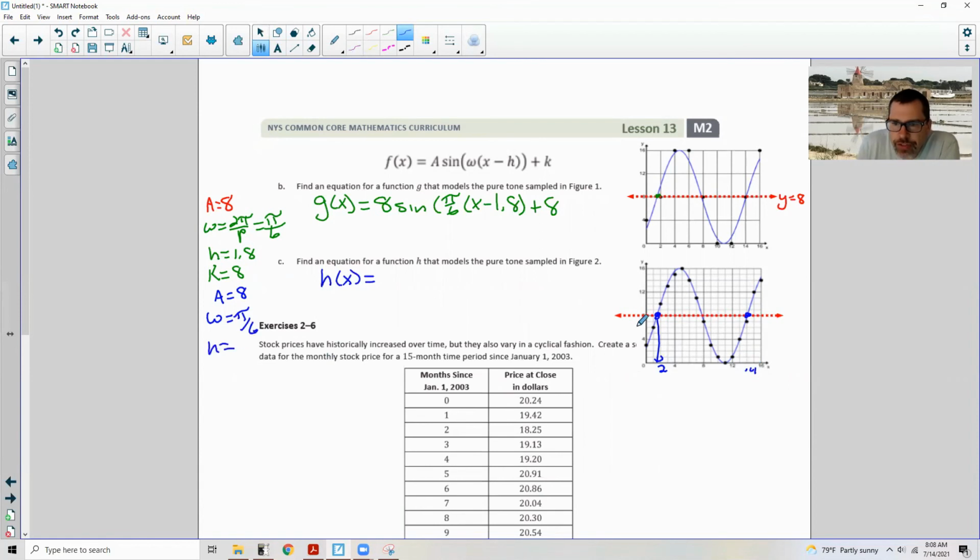H, phase shift, looks like it's about 2. I'll put 2. It's a little bit less though, so let's just take a look here. Let me erase that. So 2 would have been here. It's over here. Let's say it's 1.5. Let's make h 1.5.